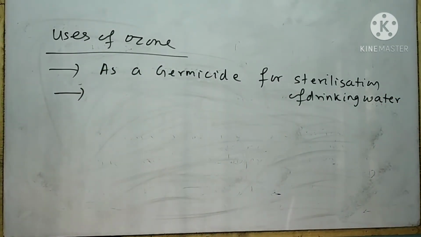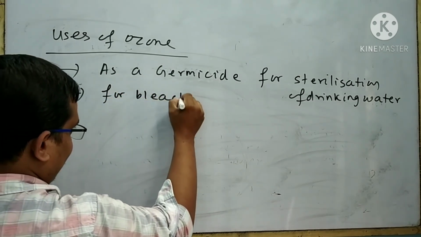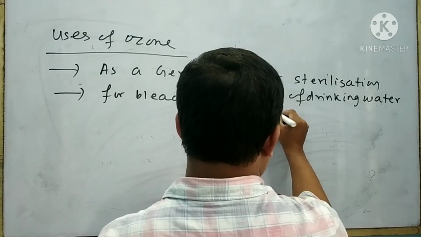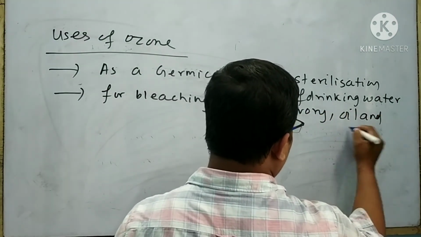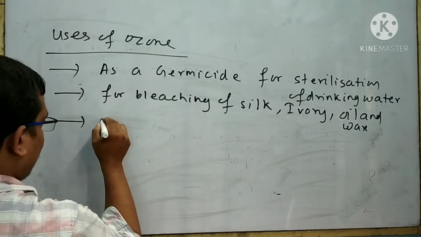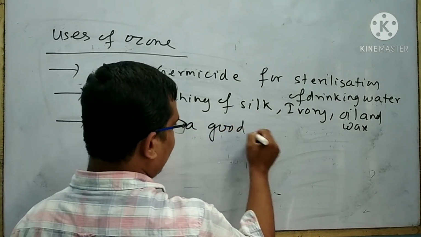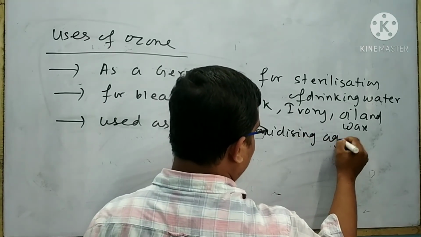Next point is ozone is used for bleaching of silk, ivory, oil and wax. Next point is ozone is used as a good oxidizing agent.